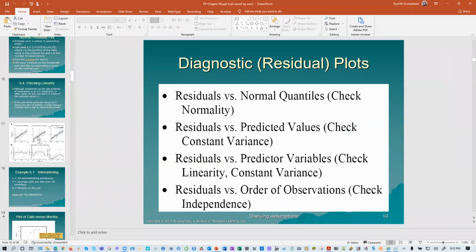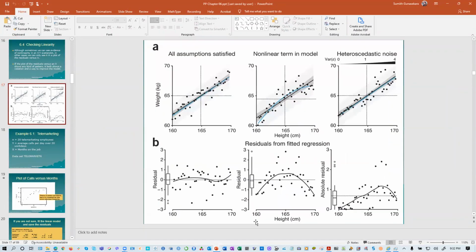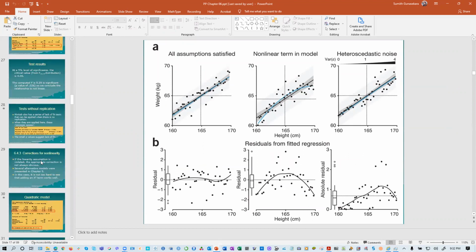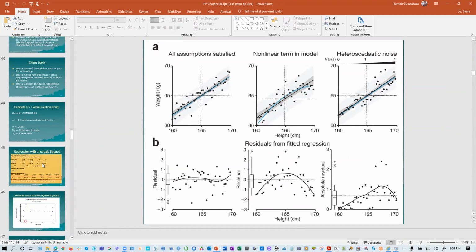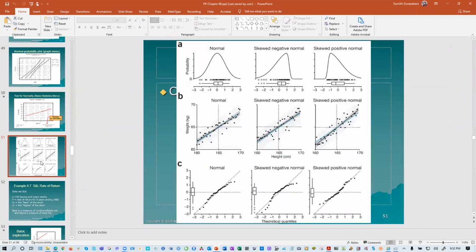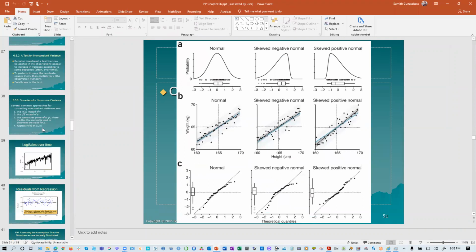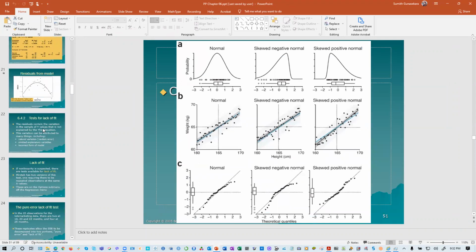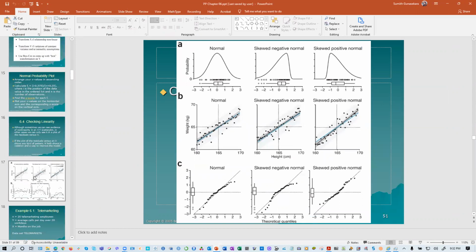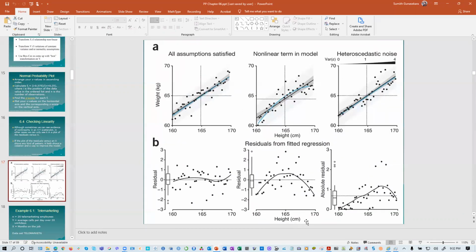this one here from this graph. We have a predicted value. No, we don't have that here.